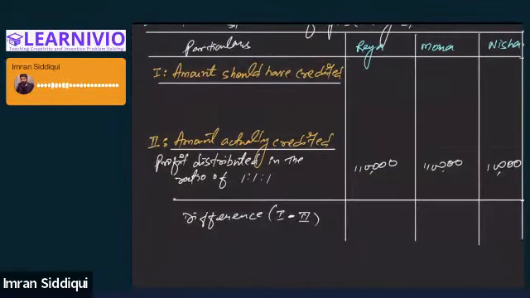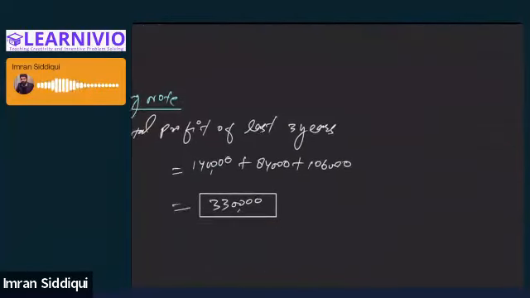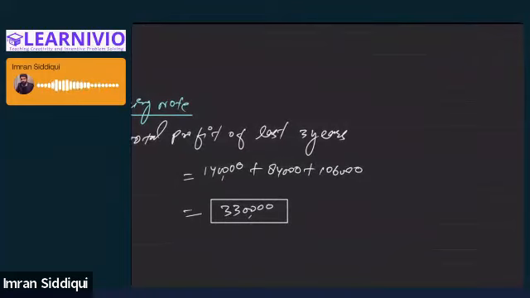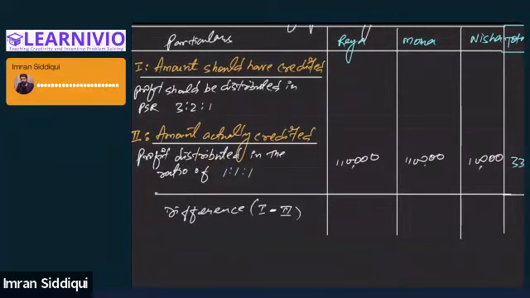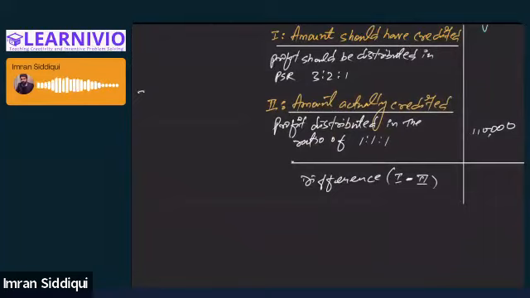For Ria, it is 3,30,000 into 3 by 6, and the same will be done for the remaining partners.